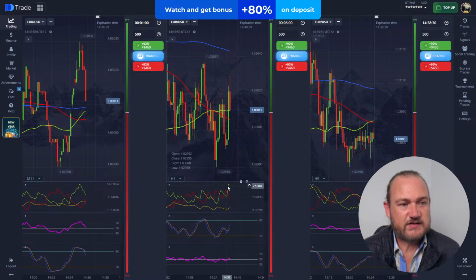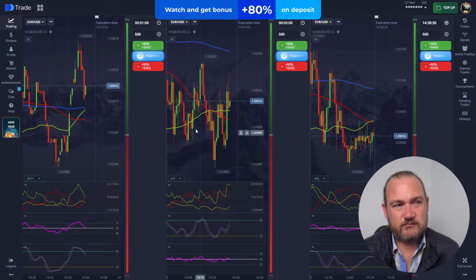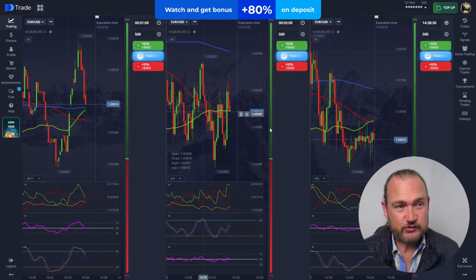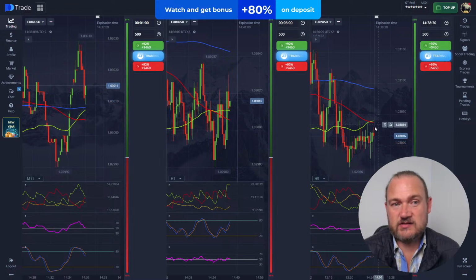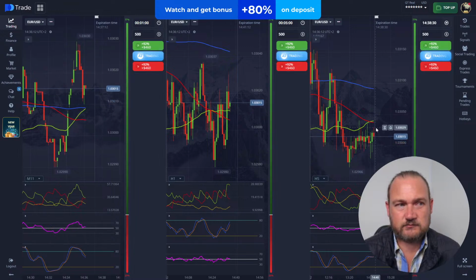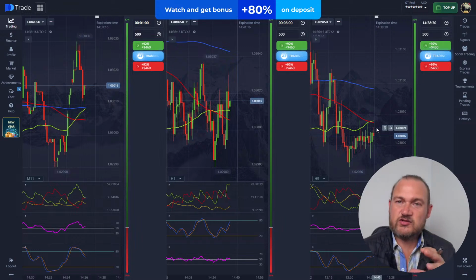So we had a massive DI spike on the ADX on the 1 minute, and this movement looks huge. But if I look at the 5 minute, it didn't even make it back to this resistance area. This is the distortion I was talking about.